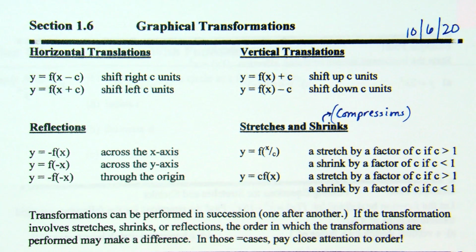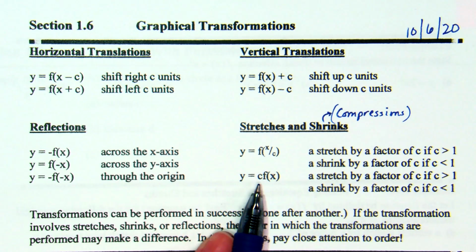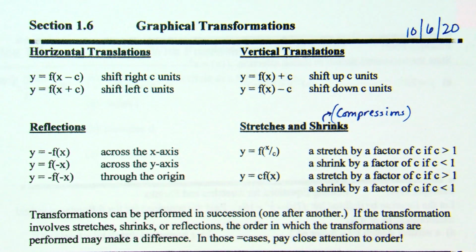Now, the stretches and shrinks section is a little bit different. The stretch and shrink section we had last year is this bottom part. This should look familiar, right? Where y equals c times f of x. I think our algebra notes used a. But when you multiply by a number out front, if you multiply by a number that is greater than 1, then it's going to be a stretch.